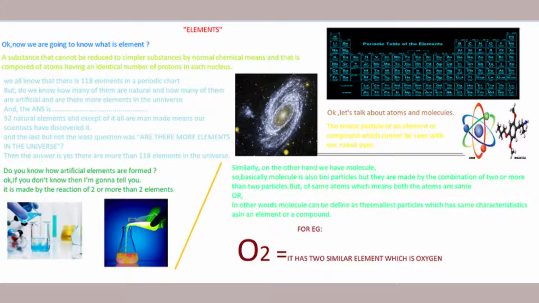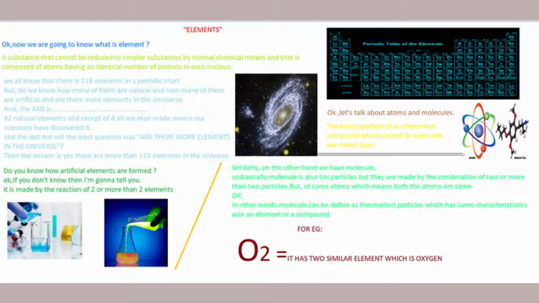We all know that there are 118 elements in the periodic chart. But do we know how many of them are natural and how many are artificial? Are there more elements in the universe? The answer is 92 elements are natural, and all the rest are man-made, meaning our scientists have discovered them.